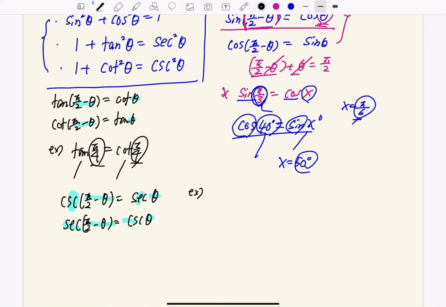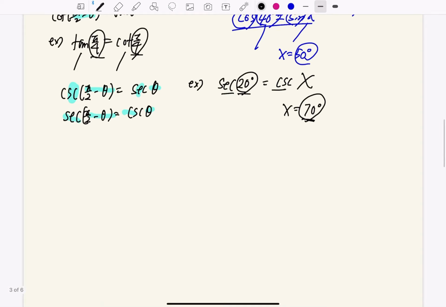Example, secant 20 degrees is equal to cosecant what? What's x in degrees? x should be 70 degrees because 70 plus 20 is 90. They are complementary angles. So secant and cosecant are equal. All right, next.